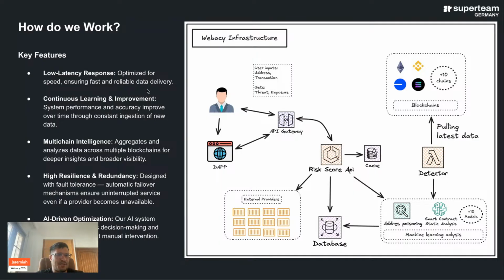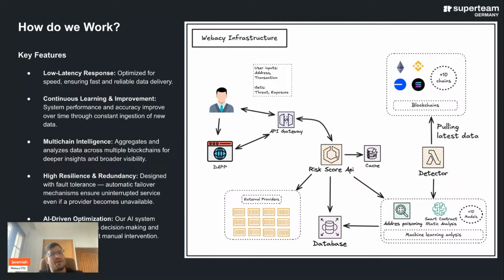We have low latency response, optimized for speed and fast delivery. We have continuous learning and improvement on our system. The system performance and accuracy improve over time. We constantly retrain our models and look at improving them and deploying the latest AI models to help make decisions.